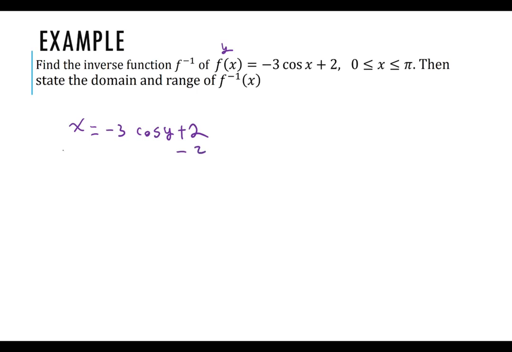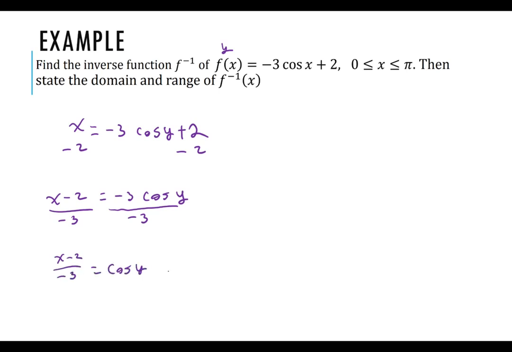So minus 2, that's x minus 2 is equal to negative 3 cosine of y. Then what happens? Well, we're then going to divide by negative 3. We then get x minus 2 divided by negative 3 is equal to cosine of y. Well, at this point, how do we solve for y? You take the inverse of both sides.